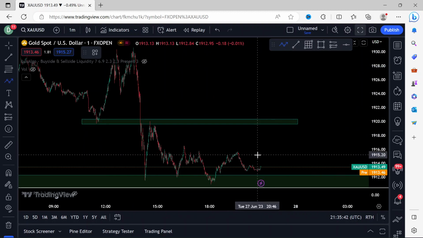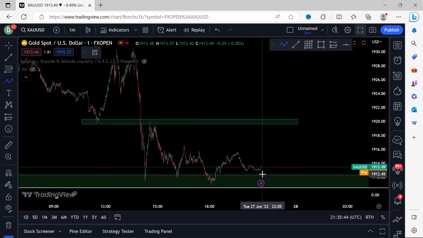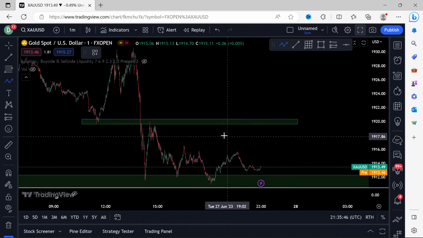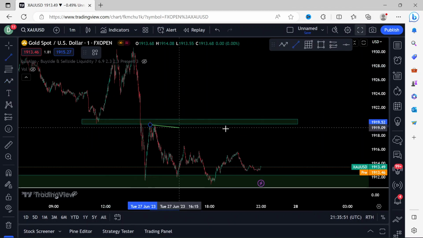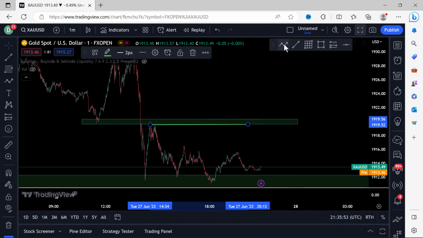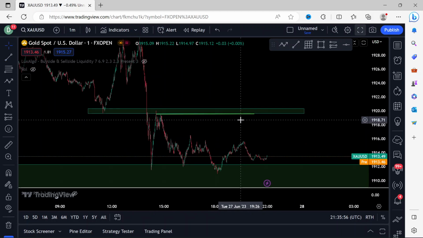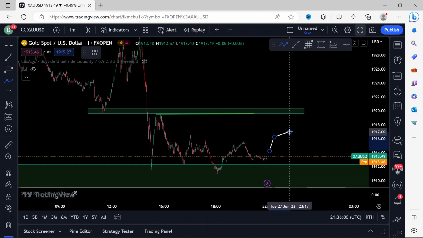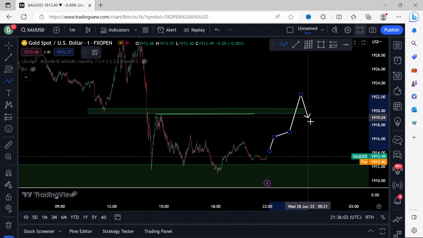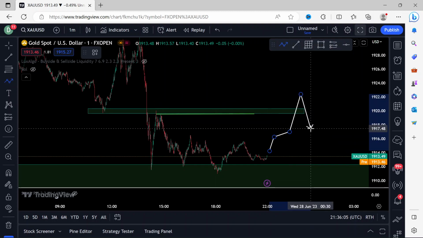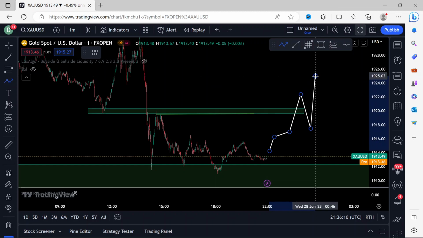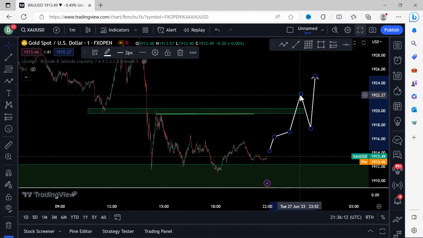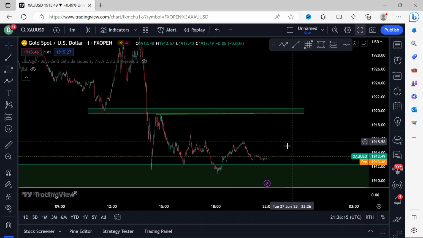So we can wait for price to break this high, come down for a fair value gap, and then move up. So we have something we call aggressive entry as well.